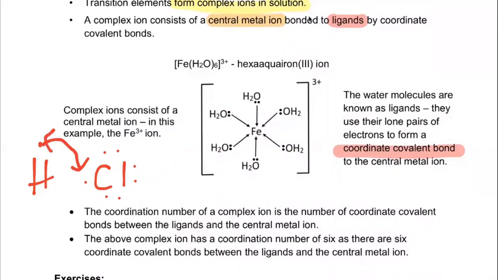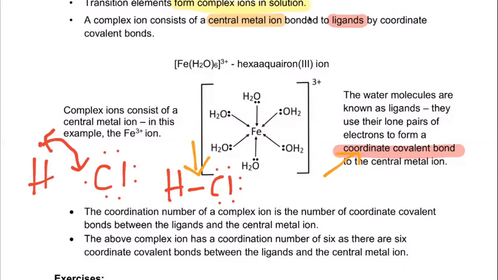And when they form a bond like this, that bond between them is a covalent bond because they are sharing a pair of electrons, okay? What makes something a coordinate covalent bond is that the pair of electrons being shared in the bond both come from one of the substances that are bonding.